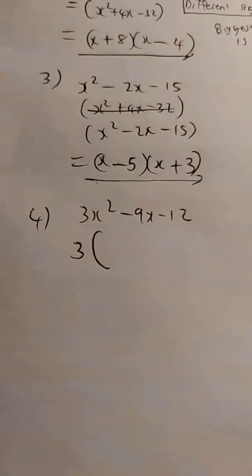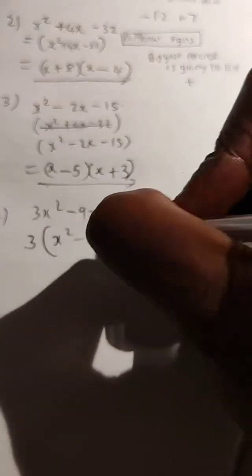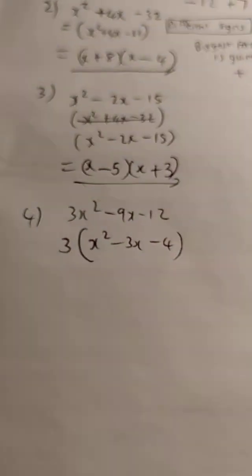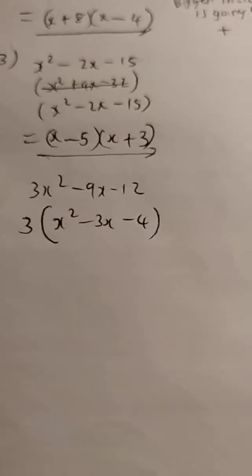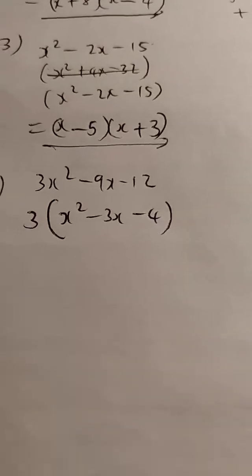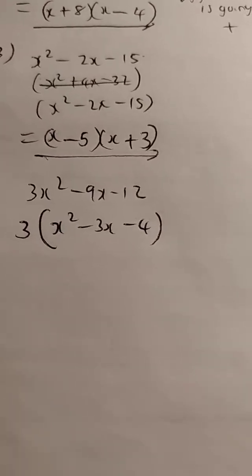What are we left with? I think Sedi was quick in writing down x squared minus 3x minus 4. All right, yeah, 4 guys, because 3 times 4 is 12. Seems like Sedi changed her answer, I don't know why, and she wrote something completely wrong the next time round.